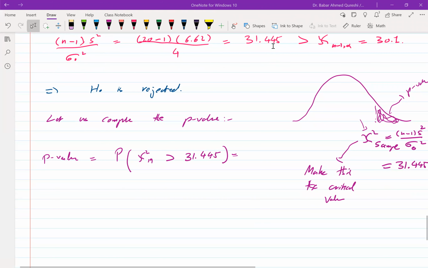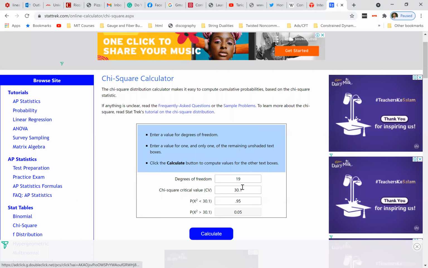So you can go and compute it. Again, if I go to StatTrack, this time degrees of freedom still remain 19.